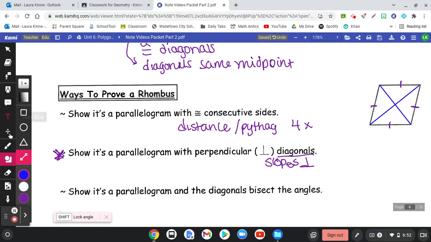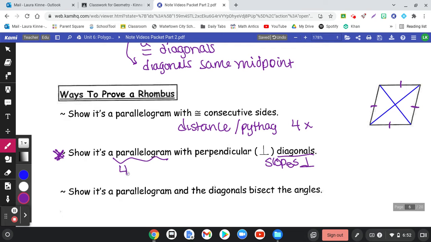So you could show it's a parallelogram by doing your 4 slopes of each side, like we did above. And then you could do the slope of each diagonal and show that they're perpendicular, they form a right angle. Or you could show it's a parallelogram in one of those ways and show the diagonals bisect the angles.